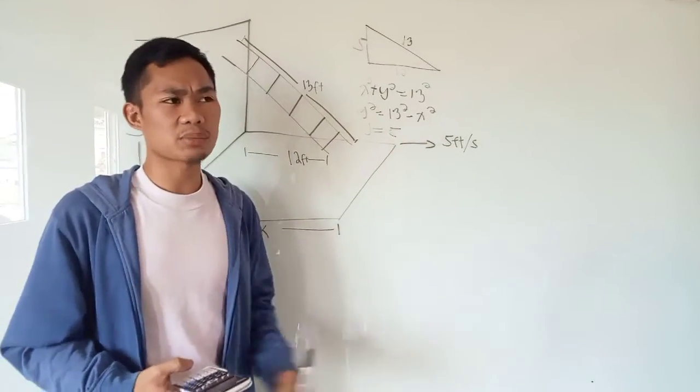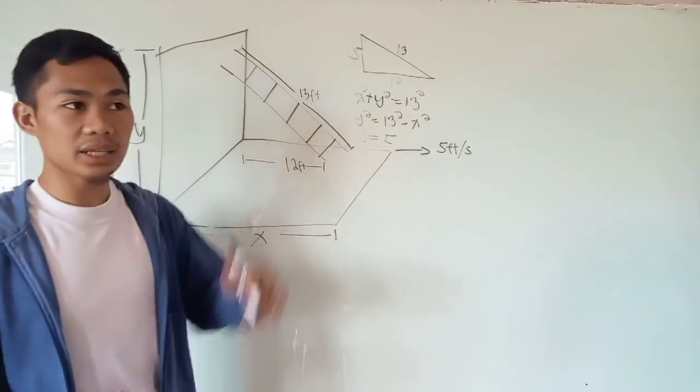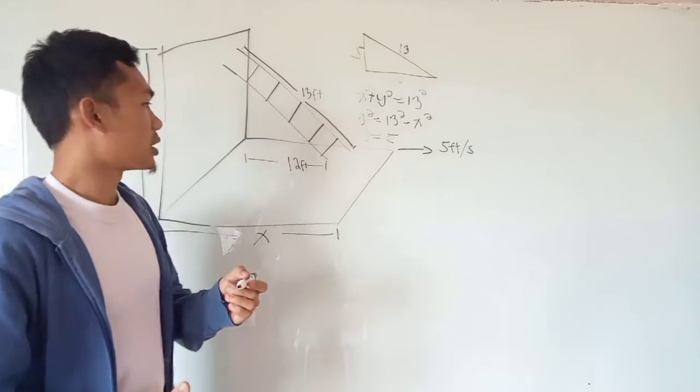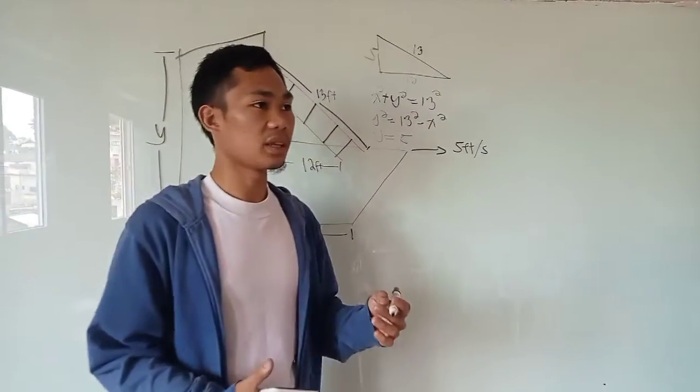But this is not what we are looking for. This is just the distance, but we are looking for the rate: how fast is the top of the ladder leaning down to the floor? Now we have all the information that we need.